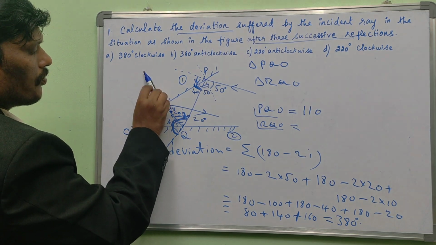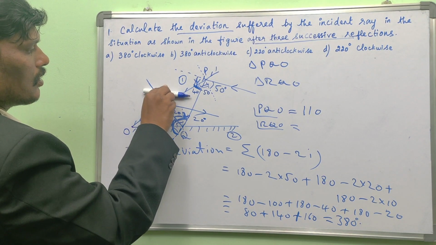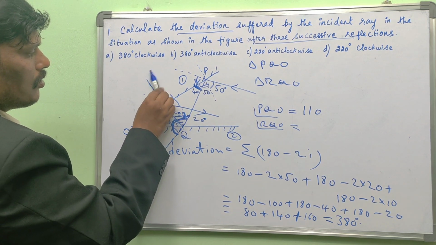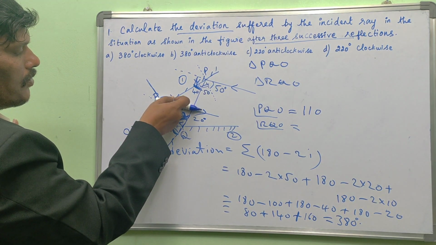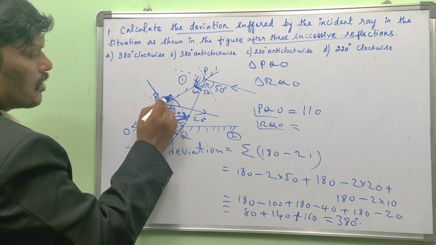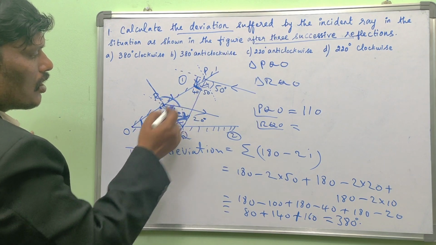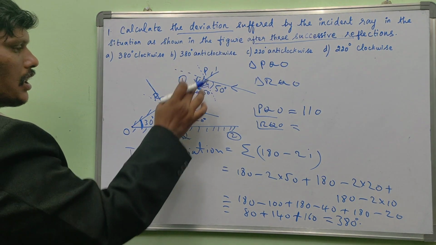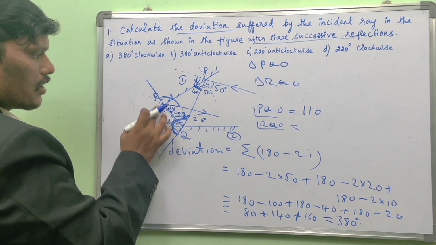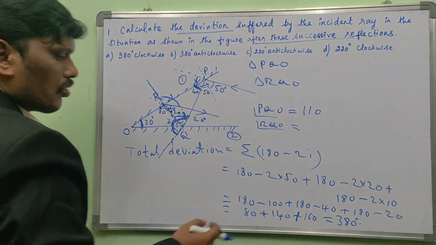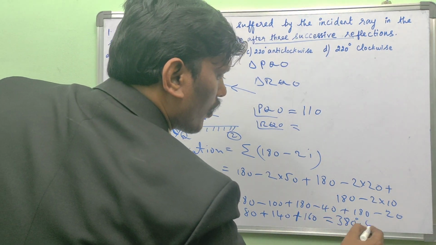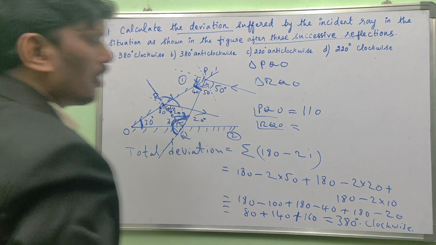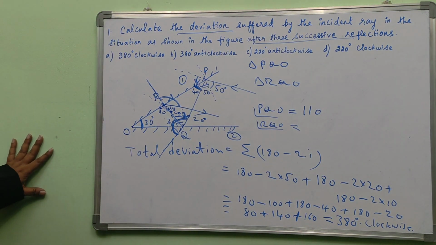From the original path to the final path, this is the deviation, from here to here. This is also a clockwise deviation. Observe the arrow. All are clockwise deviations only. That's why at point P clockwise deviation, at point Q clockwise deviation, at point R clockwise deviation. So that's why 380 degrees clockwise. Thank you.